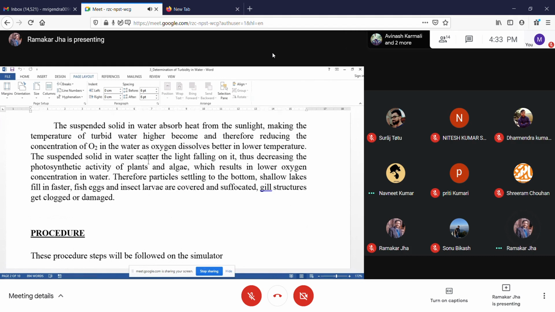Suspended solids, जो पत्थर होगा, जो आपके अर्बन एरिया है, बिल्डिंग्स हैं, they are receiving more heat. So same thing, if pure water is there and water with sediment is there, of course the sediment water is going to be warmer, and more warmer means less oxygen.